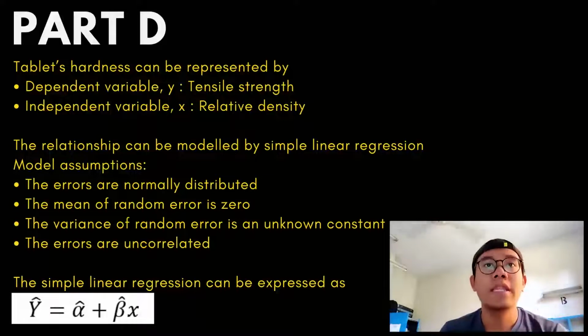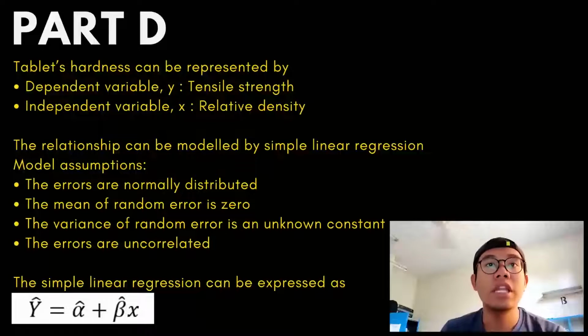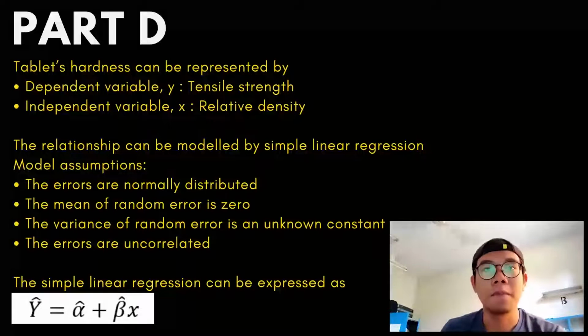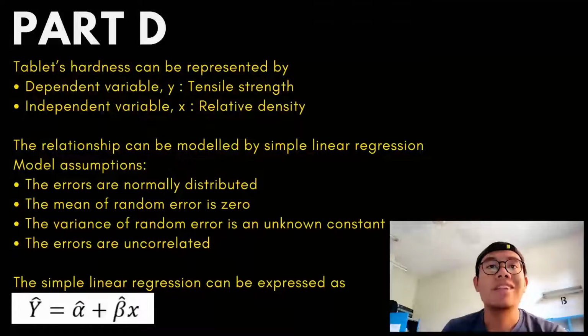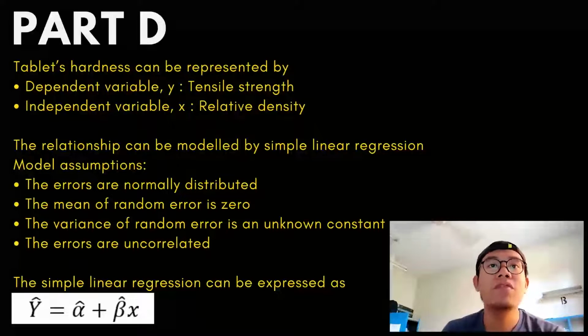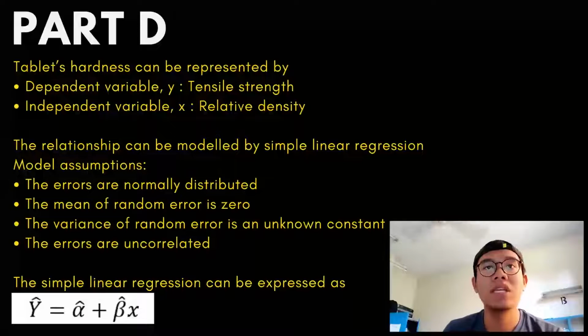Okay, for part D, tablet hardness can be represented by its relative density and tensile strength. And then, the tensile strength depends on the relative density. Therefore, we can conclude that tensile strength is the dependent variable, which is y, and relative density is the independent variable, which is x. Since there is only one response variable and one predictor variable, this relationship can be modeled by using simple linear regression.